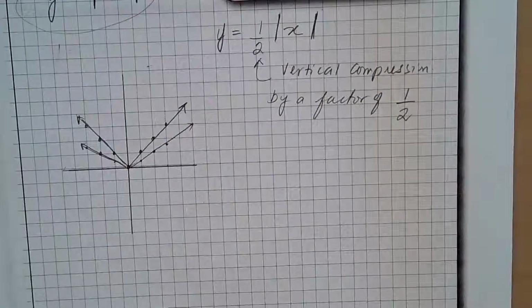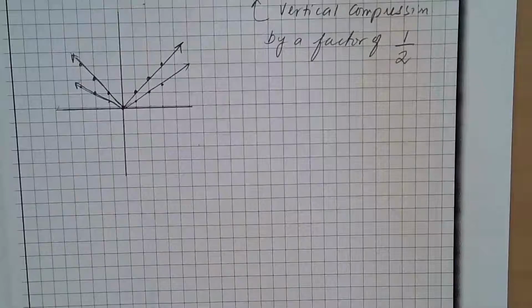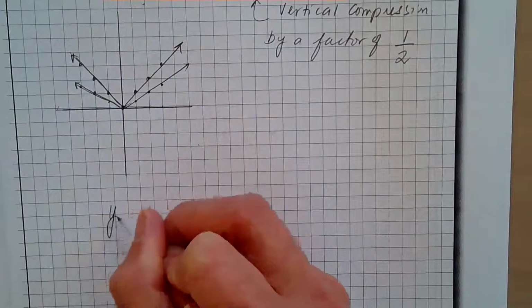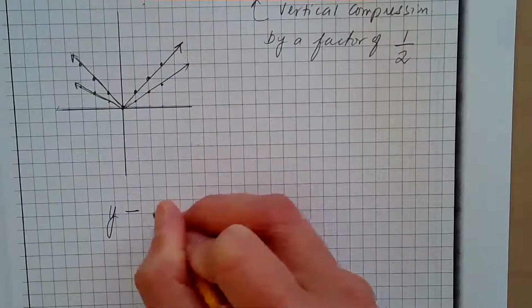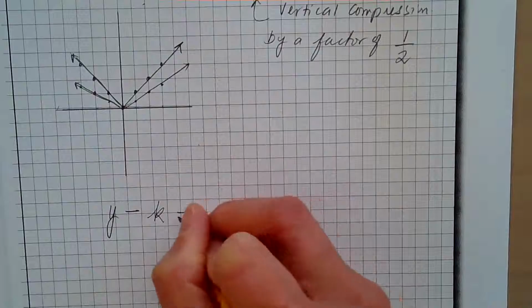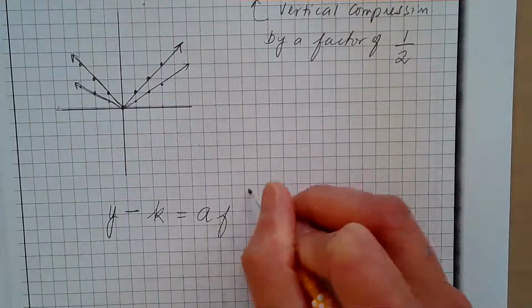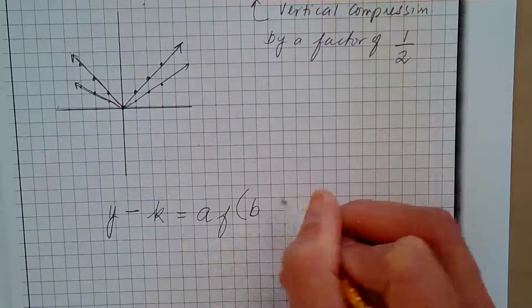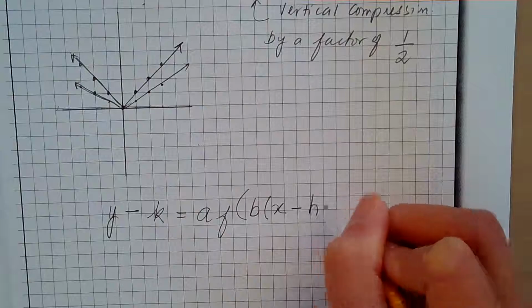So why are we doing this? Because most of the transformations that we've been doing are y minus k equals a times f of b times x minus h.